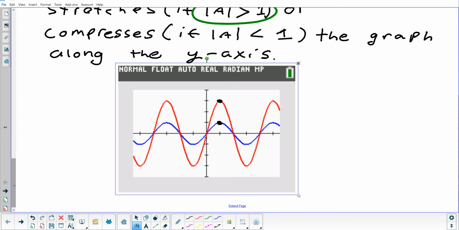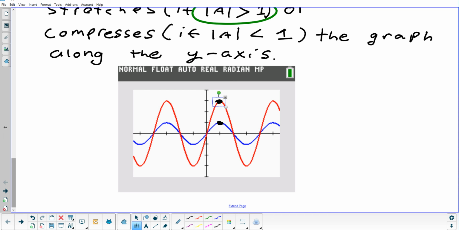What part of the coordinate changes when you go from this point to this point? The x or the y? Yep, the y. The x is staying exactly the same. It's over 1 tick mark. They're both over 1. But the difference is the height. This is up 1, this is up 3. So today, when we do vertical transformations, it's the y value that's going to change.